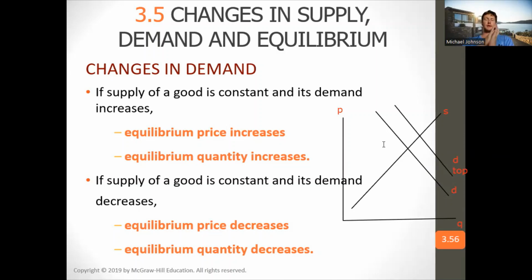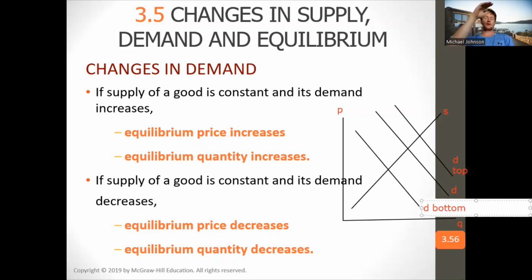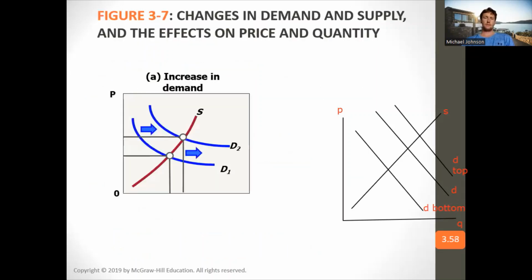D shifts right, equilibrium price increases, equilibrium quantity increases. And then for the bottom, it would just be like this. So D bottom here: equilibrium price decreases, equilibrium quantity decreases.